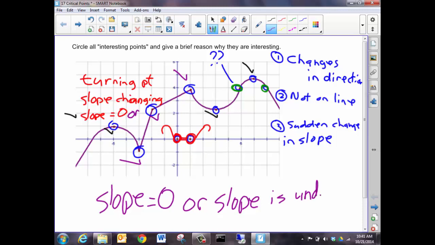Okay? And all of those blue points fall into that category. The slope is either 0 or the slope is undefined. Okay?